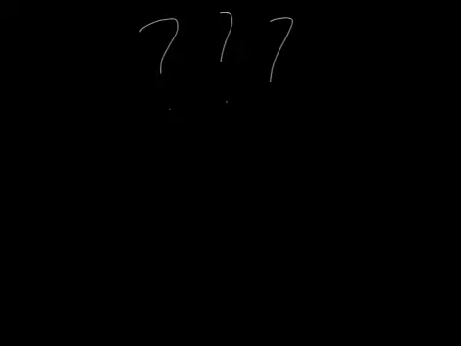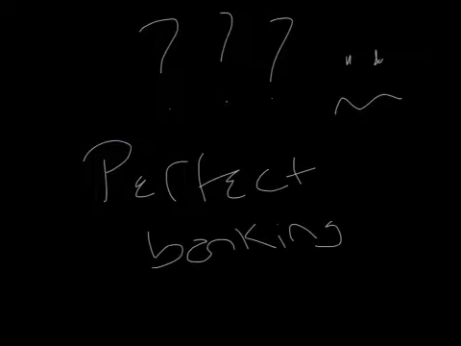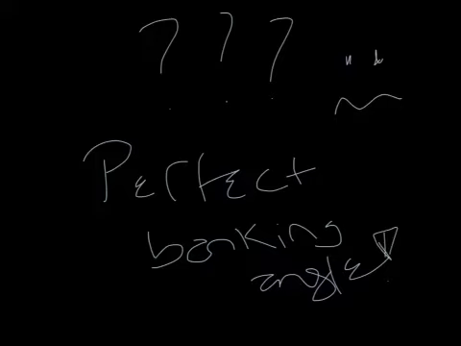Why do we care about all of this stuff, you're wondering? The reason we care is because we're interested in finding the perfect banking angle. The perfect banking angle is that angle such that the car will not slip even if no friction is present.